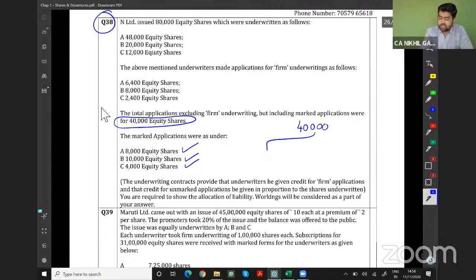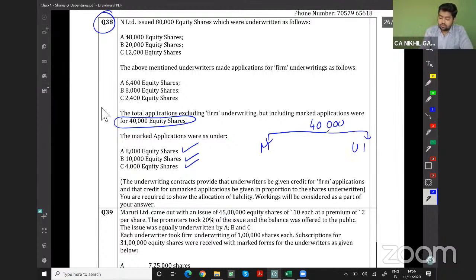So we will bifurcate this 40,000 into two parts: one is marked and one is unmarked. Marked means with the shareholders or investors brought by the respective underwriter.